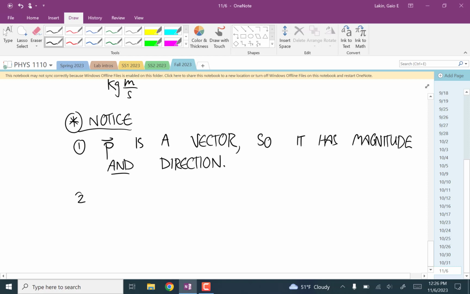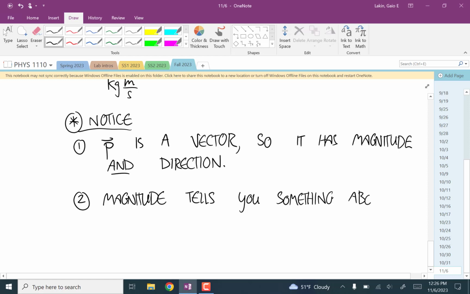And the second thing about it is the magnitude of the momentum. You can think of it as telling you something about how hard it would be to stop an object. So how hard the object would be to stop.